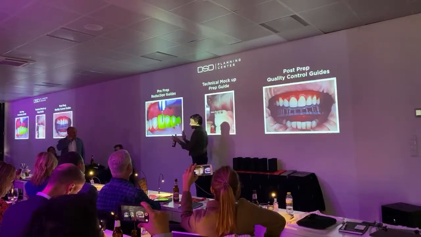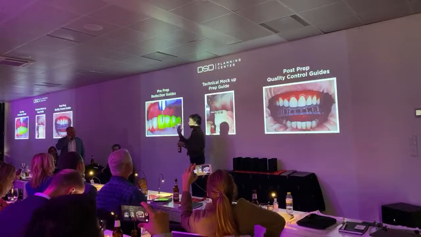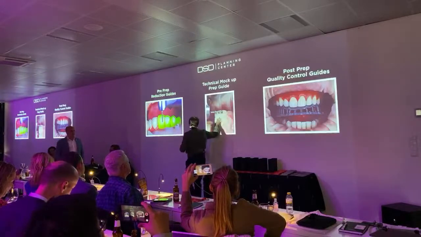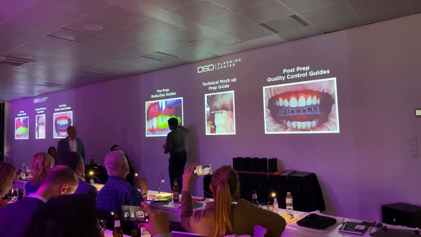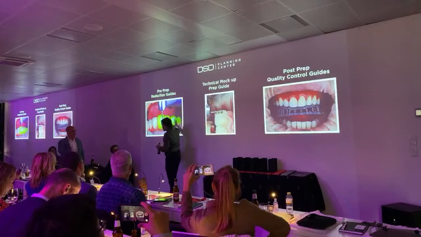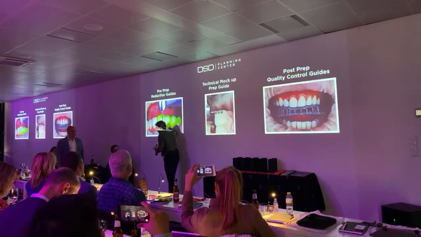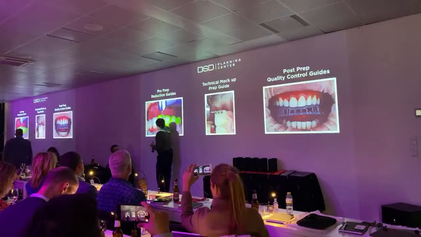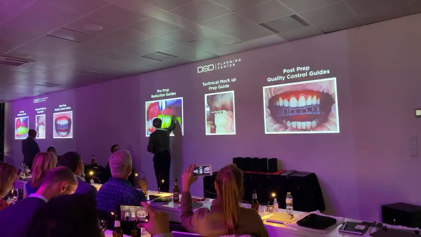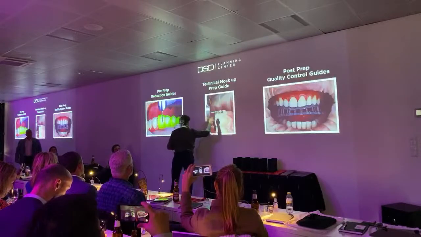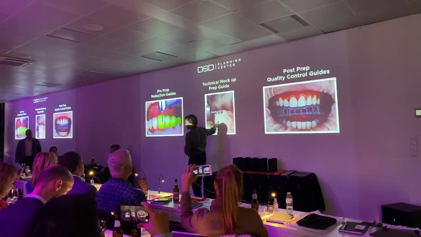But if for any reason you decided not to go to ortho, or you did ortho and still have some reduction areas, then you need this guide, because you cannot fit the ideal post-preparation with these areas sticking out. So this guide comes, you reduce the areas, incisal or buccal, and after you reduce this, now the ideal design can fit into the mouth.